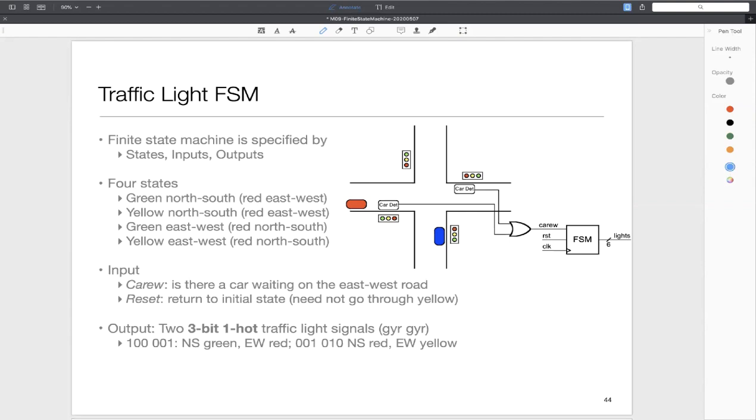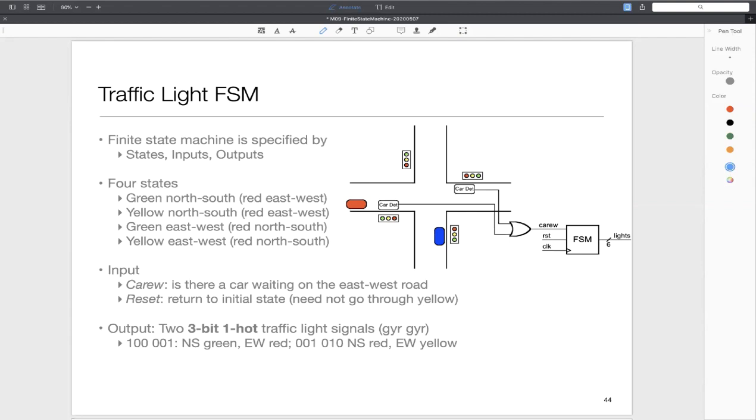Okay. Then what about inputs? Well, I have 2 inputs here, right? There is the car east-west signal, which is coming from the sensor system. And then we have the reset one. So car east-west is telling us, is there a car on the east-west road? And the reset is telling me to return to the initial state.